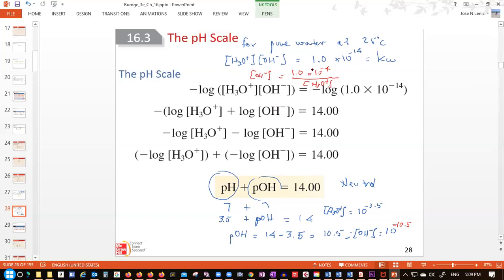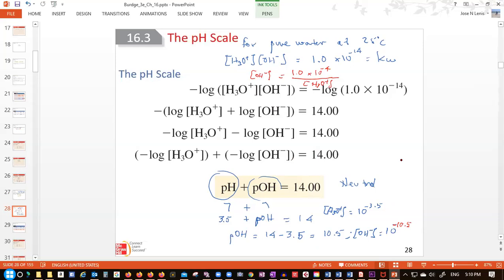So you see, you can use this equation, or you can use this equation here. Different ways to find concentrations of H3O plus, concentrations of OH minus, or finding pH or pOH of a solution.